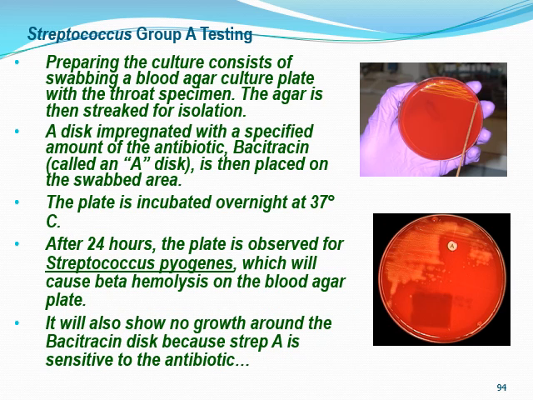So here we're talking about preparing that culture. It consists of, we take that swab that we swabbed their throat with, and you swab that blood agar culture plate with that throat specimen at the top, and then the agar is streaked for isolation.